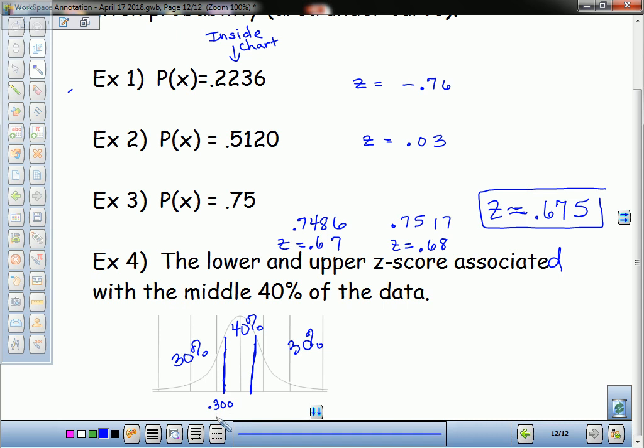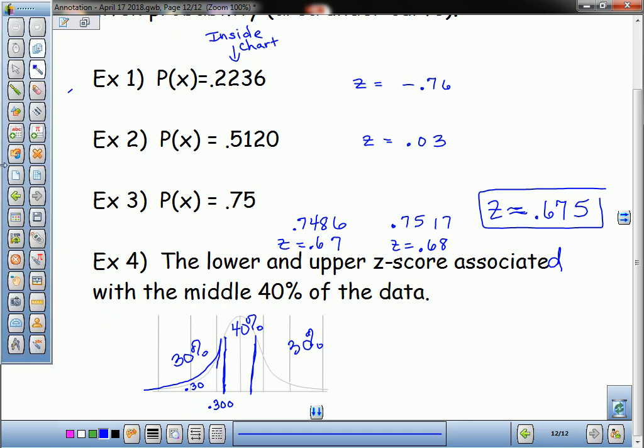Why would it be 300? 30% of the data? Oh, yeah. So this would be 0.30? Yeah.